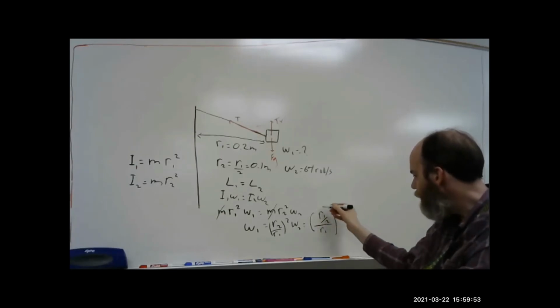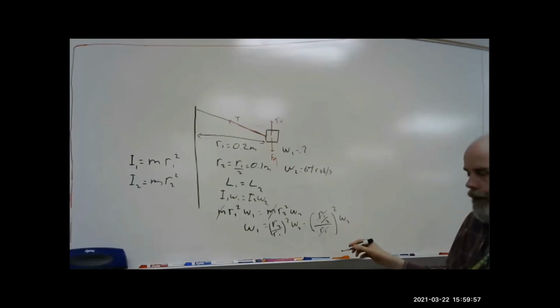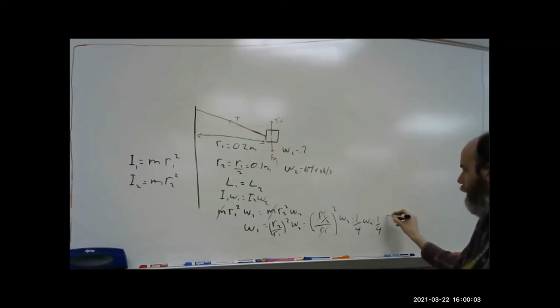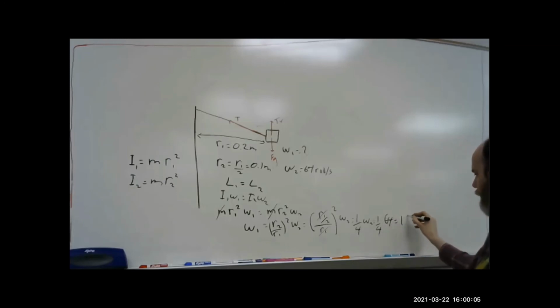The R1's cancel. It's just 1 over 2 squared. So it's 1/4 omega 2, which is 1/4 times 64, which is 16 radians per second. So that is our answer.